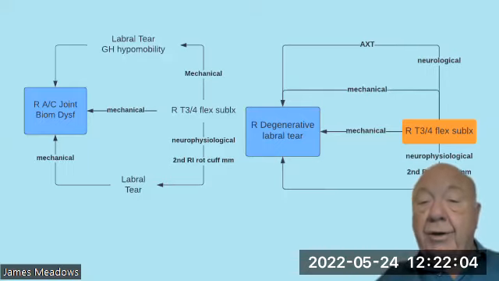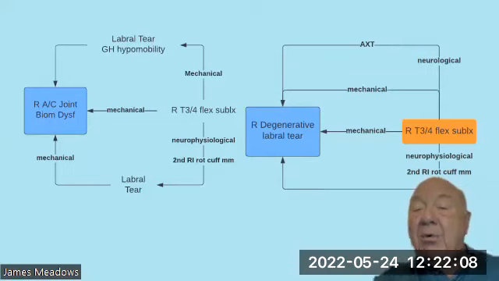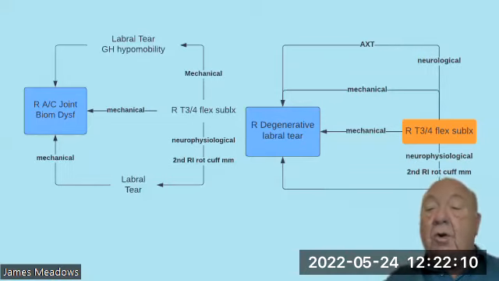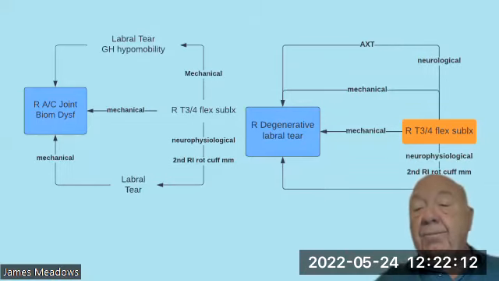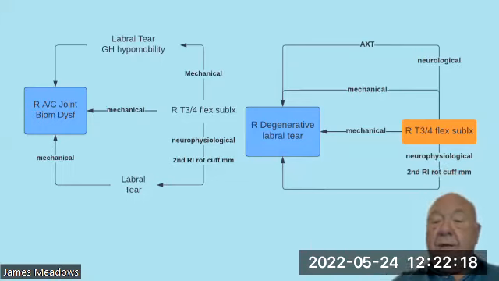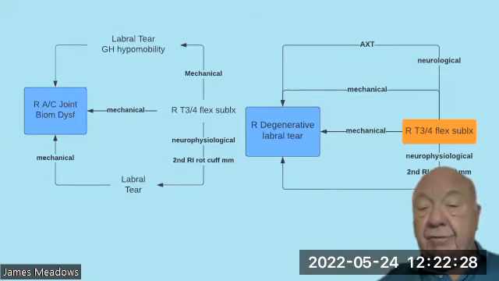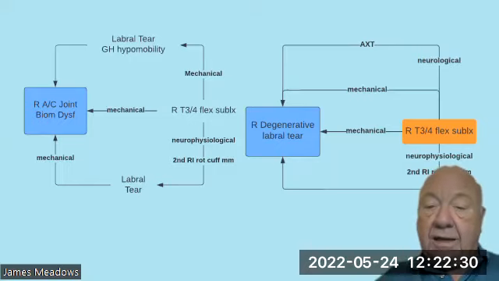Neurologically, we can be looking at an axoplasmic flow problem, and this can either be done by malnutrition of the labrum or by weakening the rotator cuff muscles, the stabilizers of the glenohumeral joint, and leading to a degenerative labral tear. Going down the other way, neurophysiological losses, we have the possibility of a secondary rotator cuff inhibition, and that leading to a degenerative labral tear because of the lack of stability.